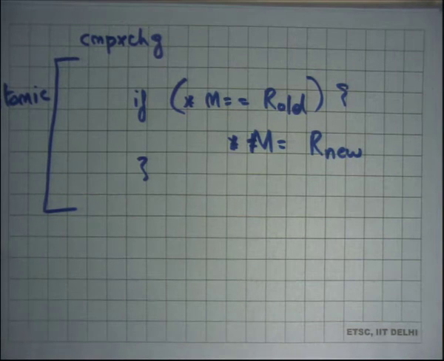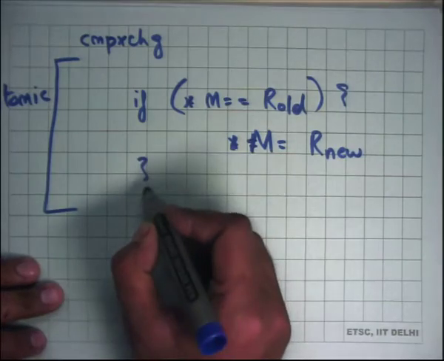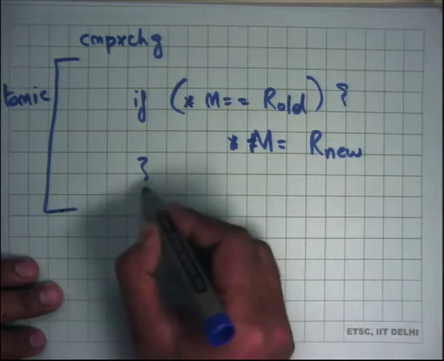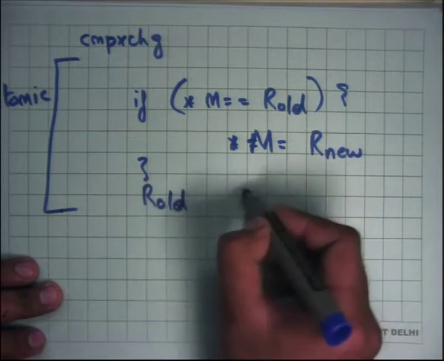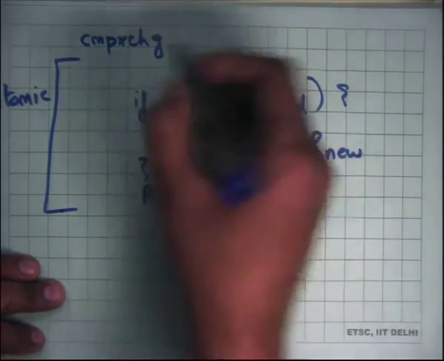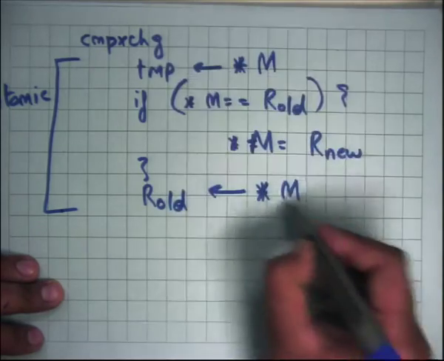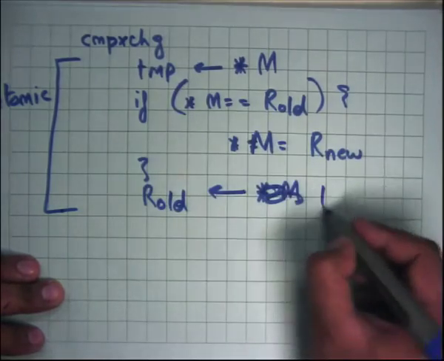You check if the value at that address is the same as the value that you have in your register, and if so, you replace it with this new value, otherwise you do not do anything. And just one more thing, it also returns the old value of star m, or let us say temp is star m, it returns the old value of star m in r old.